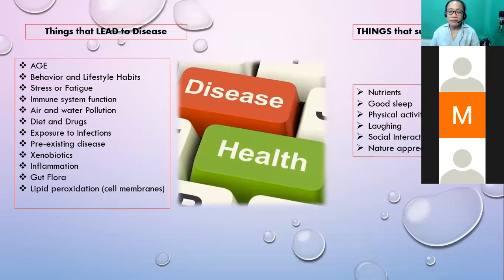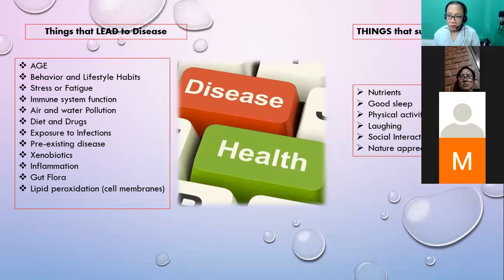Also, immune system function. If we are immune compromised, then we are very much prone to diseases. Air and water pollution. The quality of air and the quality of water that we are taking can also lead to diseases. Again, these substances are considered free radicals because they are the ones that disturb the stability or the good balance of our cellular nutrients. Diet and drugs.